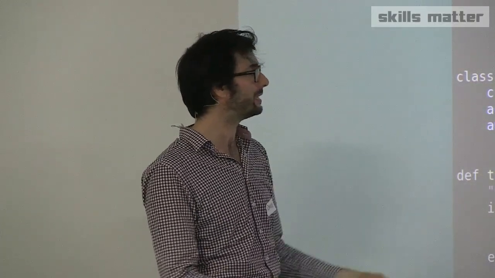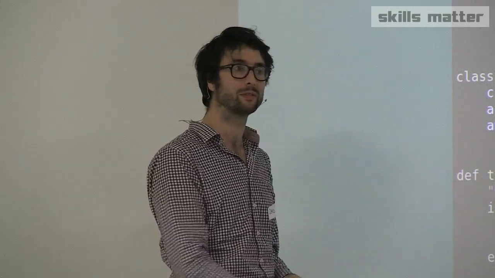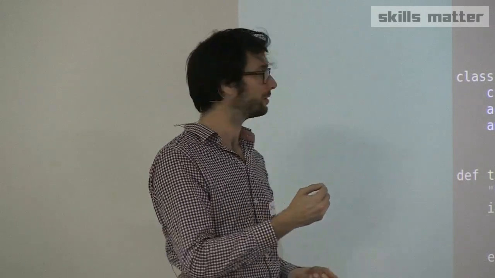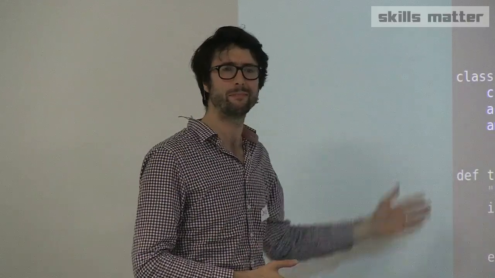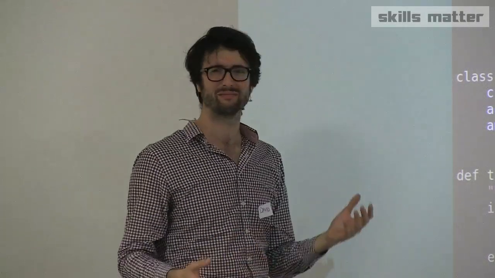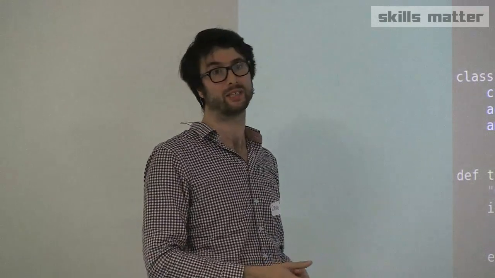The one is a minus version of the amount, which is coming out of the source account. And the second one is a plus version of the amount, which is going into the destination account. So hopefully this is fairly simple and seems fairly unproblematic. It's kind of double entry accounting.